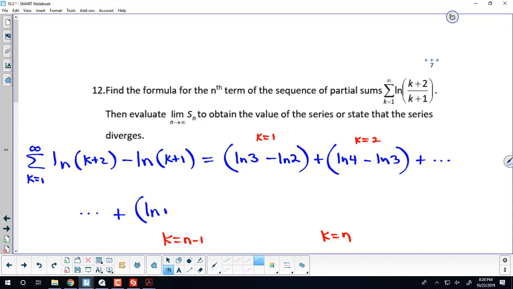Can I write it like this? Natural log of n plus 1 minus the natural log of n minus 1 plus 1. And then when k equals n, natural log of n plus 2 minus natural log of n plus 1.